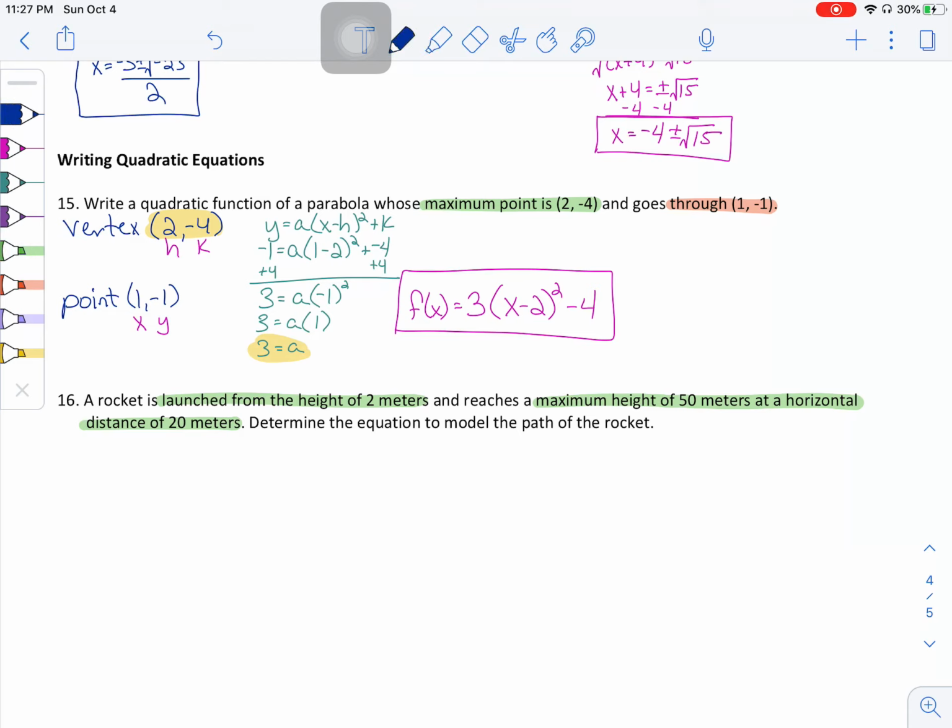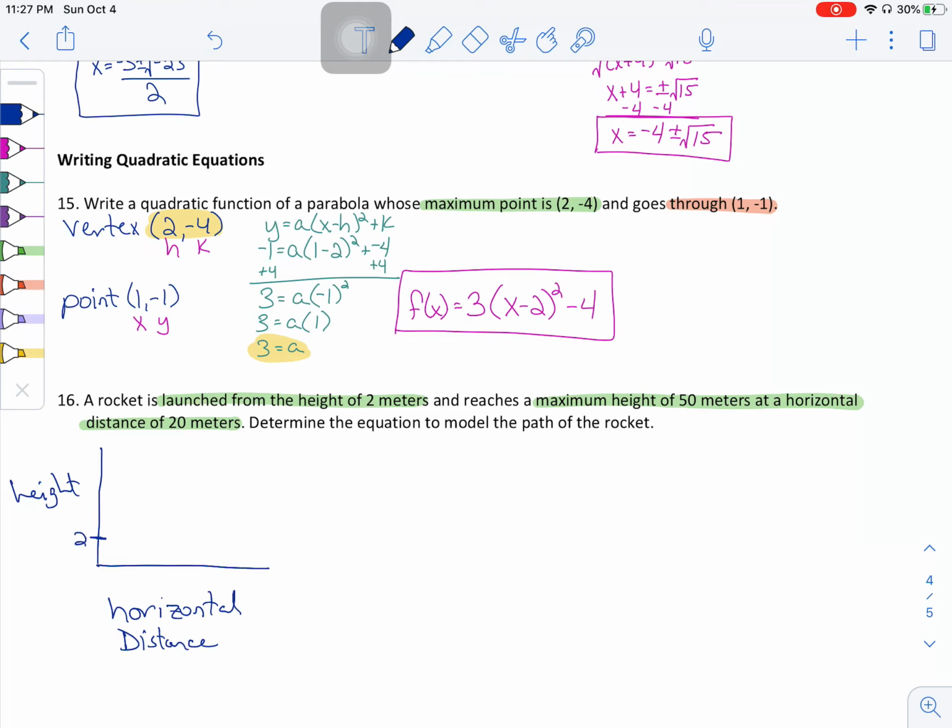All right, so we need to draw a pretty picture to go along with this information. Let's see what we got here. So we have a horizontal distance. That's going to be our x-axis. And then we have height. Okay. It says a rocket is launched from a height of 2 meters. Let's go ahead and mark 2 meters here.